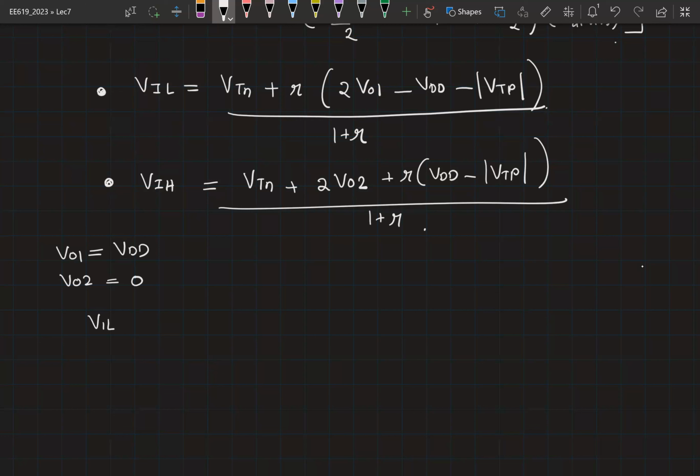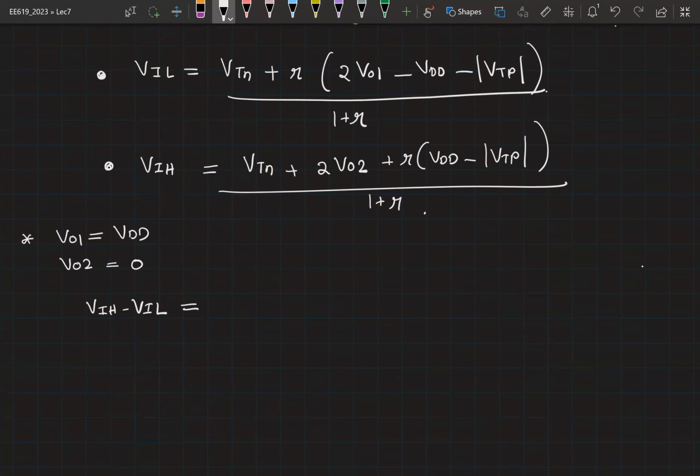We are interested in calculating what is VIH minus VIL, the width of this transition region. Okay. So if you substitute VO1 equal to VDD and VO2 equal to 0, you will get this as 0, right? Which means there was no point in doing this whole calculation, right?